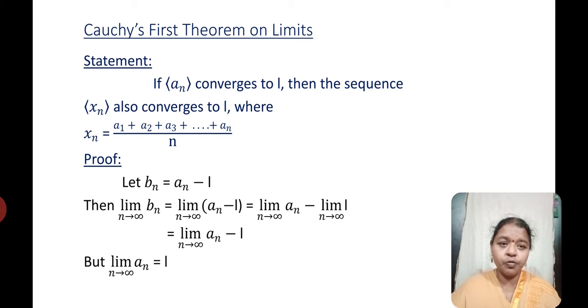Let's see the proof. We start the proof by taking b_n equal to a_n minus L. Now let's take the limit on both sides as n tends to infinity.